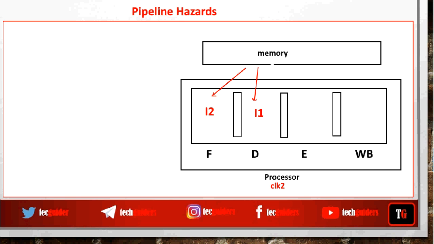This hardware dependency or structural dependency will lead to an issue called structural hazard. As a result of this kind of structural dependency, both these instructions cannot be executed at the same time. And if they are executed at the same time, it will lead to structural hazard.